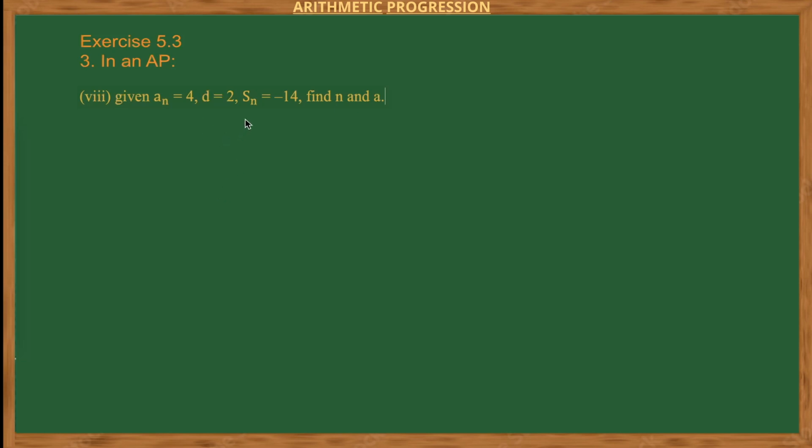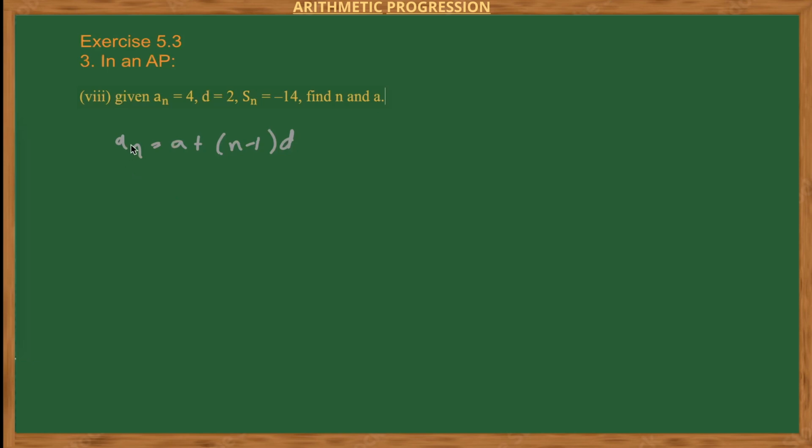Okay, so here given an, so d is given. In this, the nth term is 4, the difference is 2, and Sn is given as 14. One hint here is that we can use our nth term formula: an is equal to a plus n minus 1 into d.